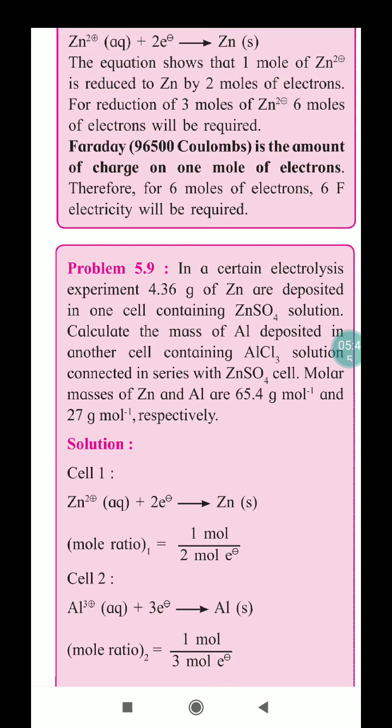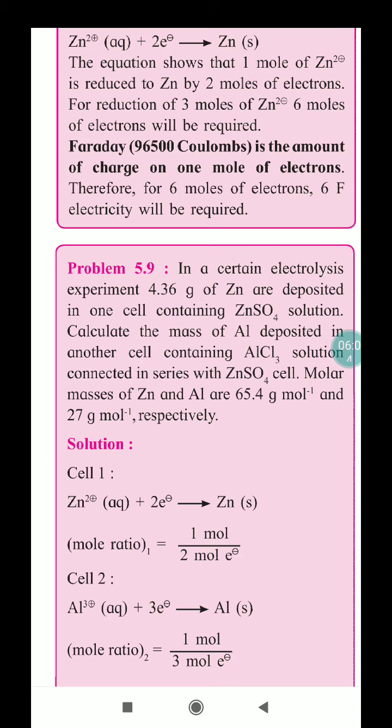Calculate the mass of aluminium deposited in another cell containing AlCl3 solution connected in series with the ZnSO4 cell. Molar masses of Zn and Al are 65.4 and 27 grams per mole respectively.